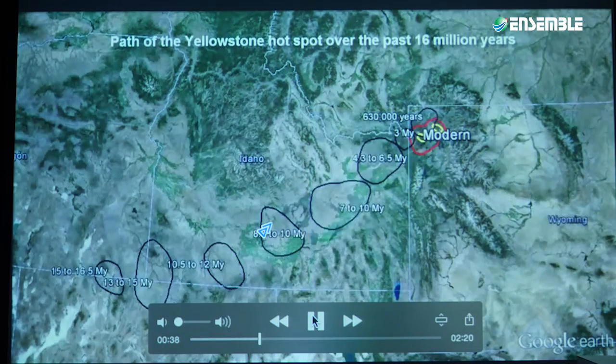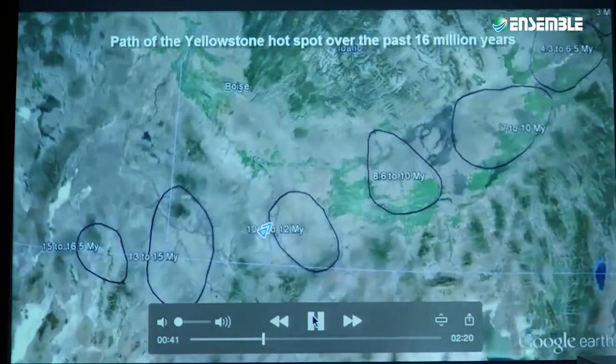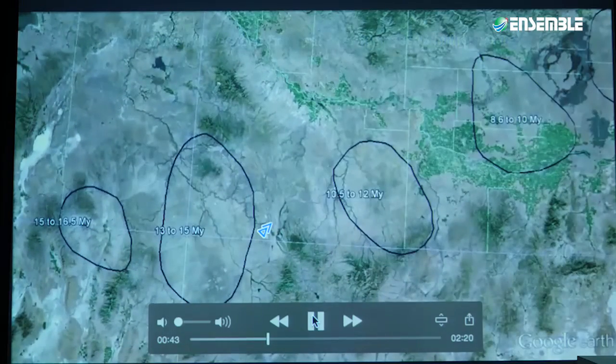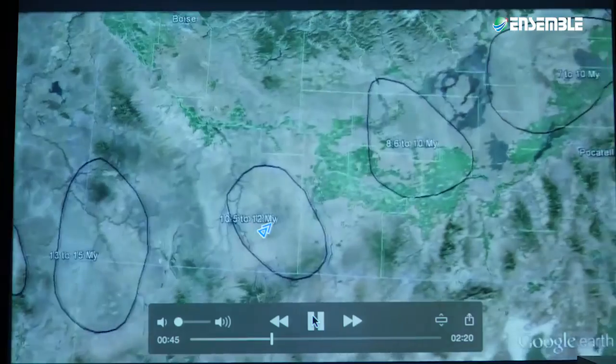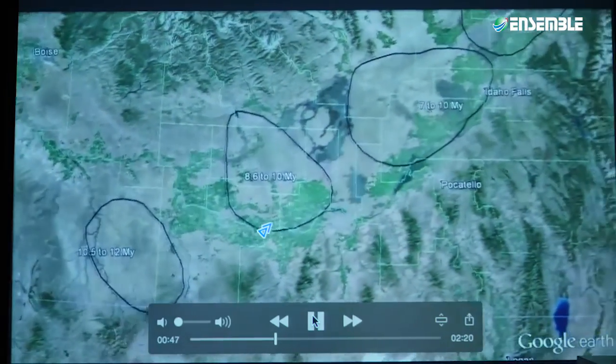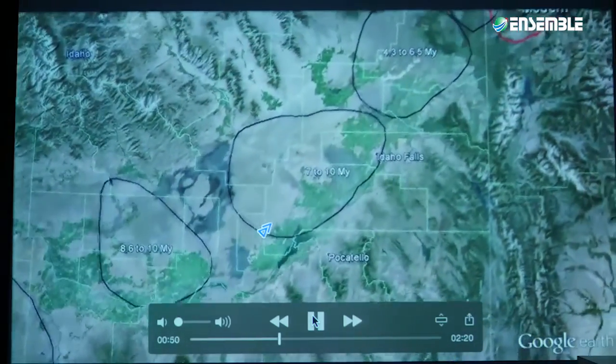Now, these are the Yellowstone hotspots that took place over some time. That indicates some amount of movement of the North American plate over a hotspot.